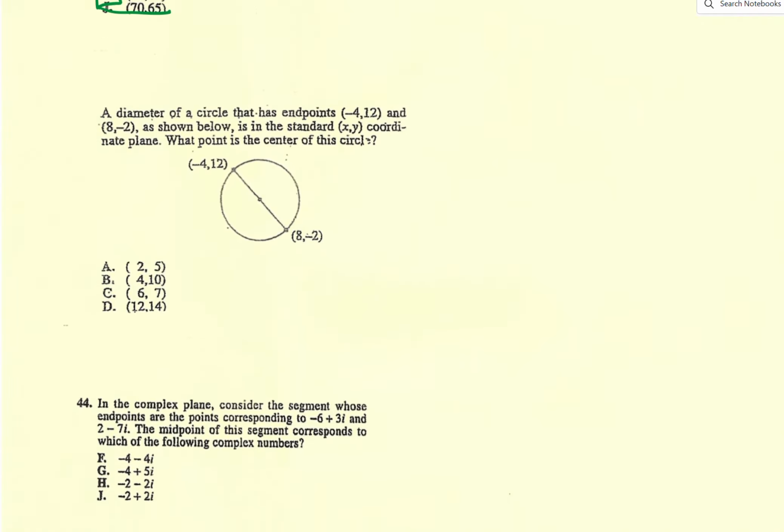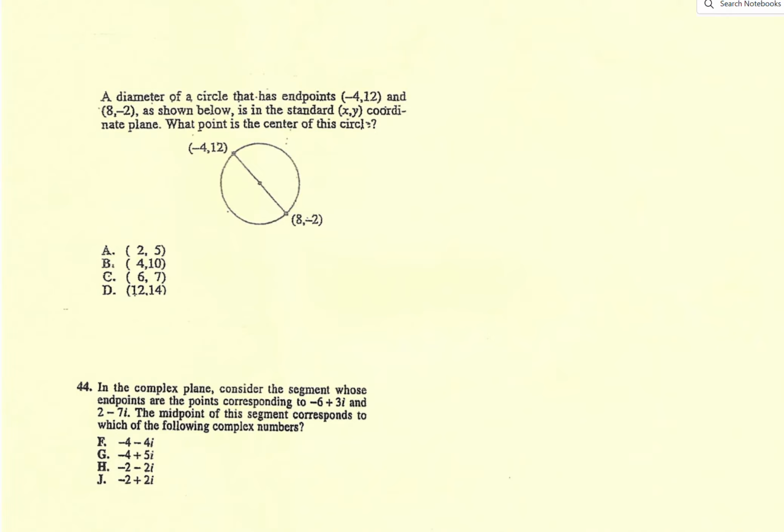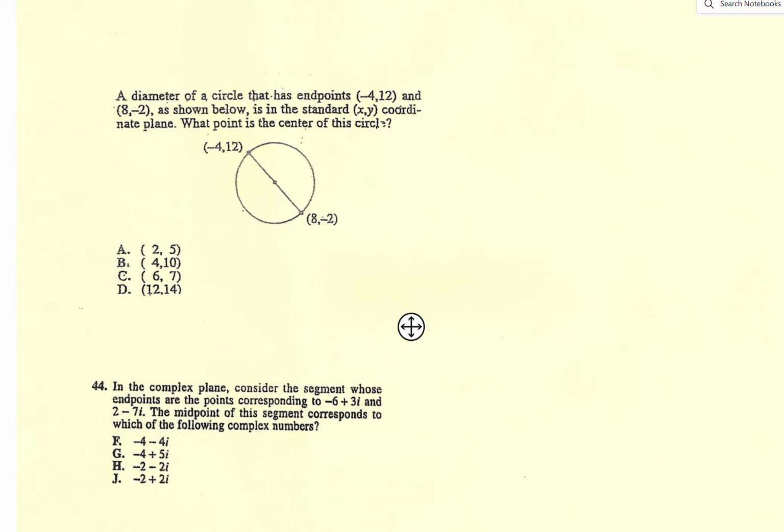Okay, here's another way that they can ask for the midpoint, this time involving a circle. The diameter of a circle has endpoints (-4, 12) and (8, -2). The question says, what is the center of the circle? The center being the middle. So let's take the two x's and add those up.